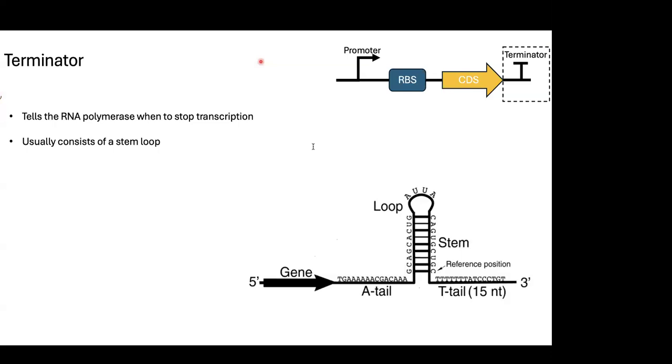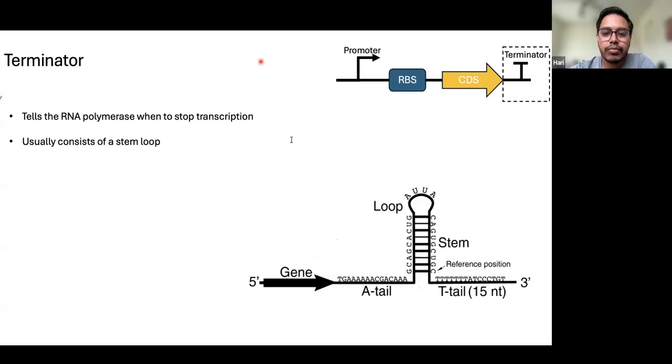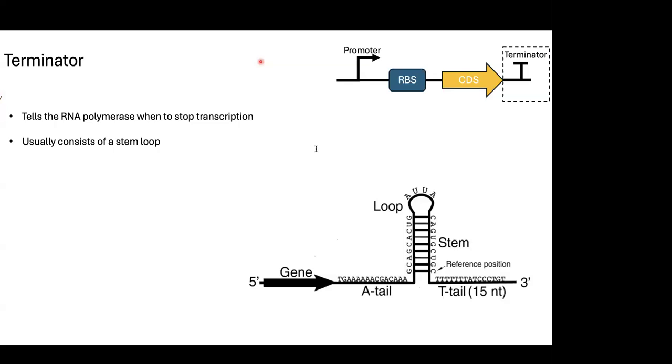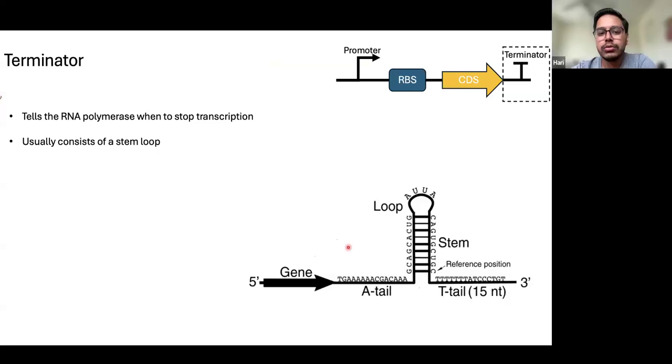We can. I have a question too. When it comes to the terminator, what exactly happens? How does it stop the polymerase? Is it a physical thing because of the hairpin, that the hairpin somehow obstructs or is complex to navigate, so the polymerase just has to give up and stop and then it terminates there? There are two reasons.